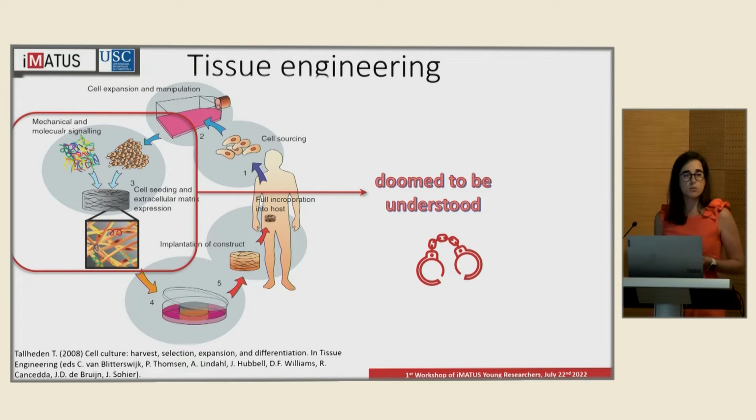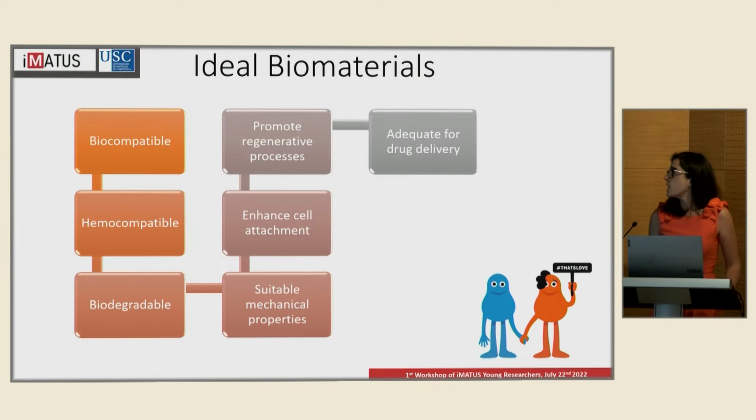If we want to ensure success in tissue engineering applications, we need to understand these interactions and reach a friendship between them. So I'm going to talk to you a little bit about this research line I'm working on. What are ideal biomaterials? They are the ones we're trying to develop in our labs.